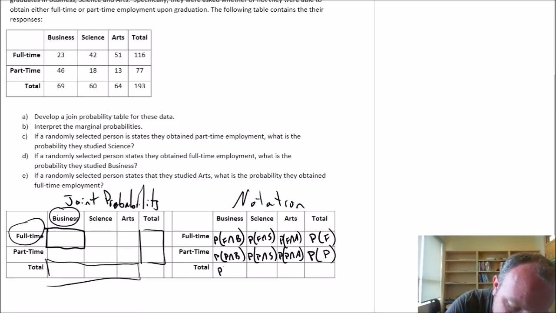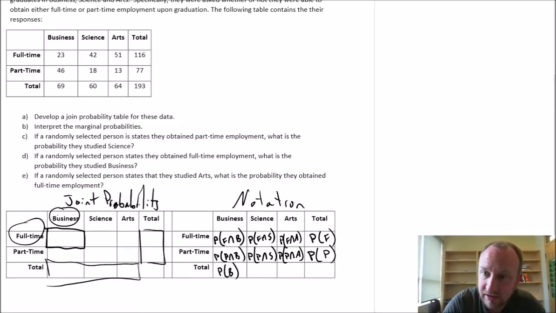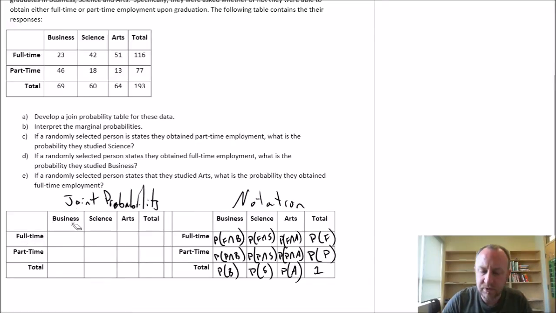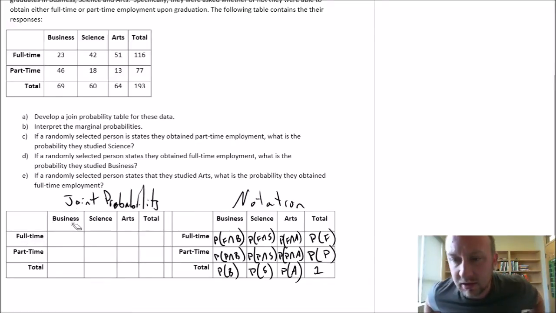Down here, the probability of drawing at random a business student, a science student, or an art student. That last corner, we don't really care what that is. That's always going to equal 1. Nothing interesting there.